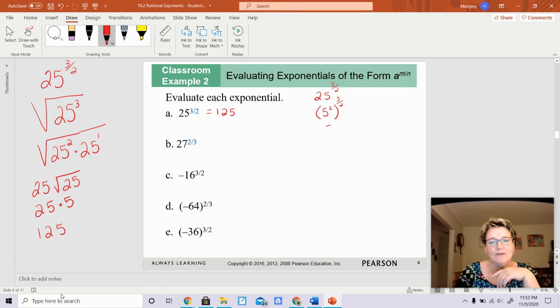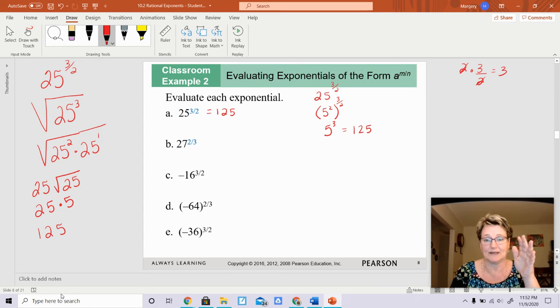So that's going to give you 5 to the 3rd power, because 2 times 3 halves, the 2's cancel, and you're left with 3. That's where I got the 3 here. 5 cubed is just 125. So that is another way to do it. And that's how I would do it.